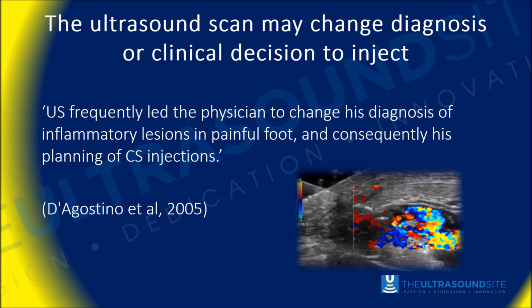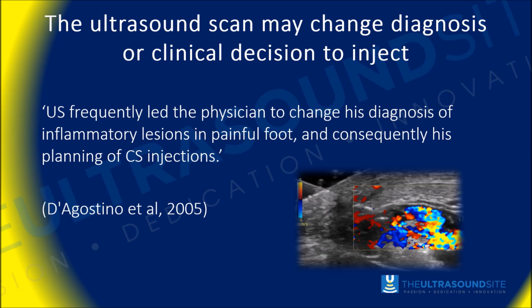So there are definitely occasions where, in that moment when you scan the person ready to perform the injection, you spot something which you would not have otherwise been aware of, which leads you to either not perform the injection or to get further imaging or investigations or to refer on.